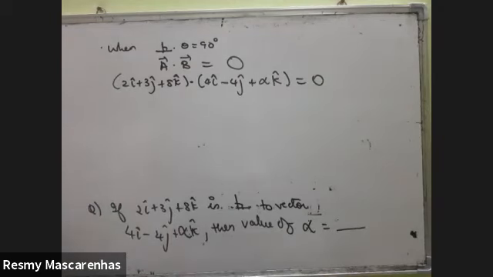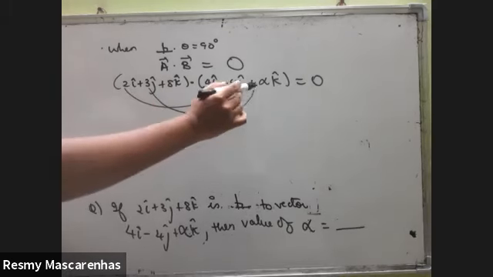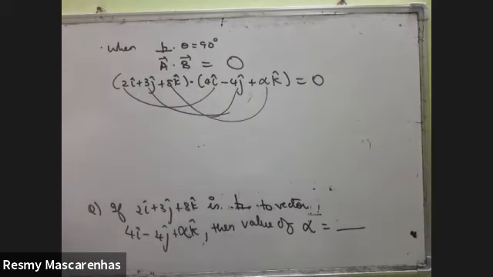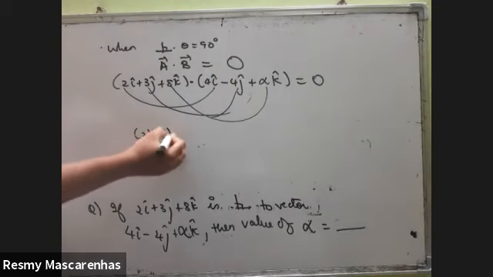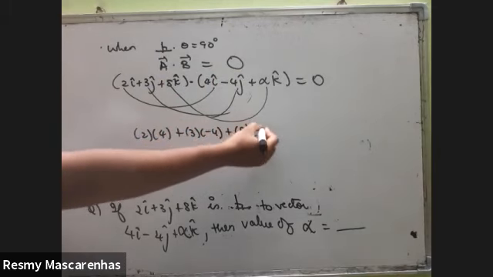And now you know how to find the dot product. Always multiply i to i, j to j, k to k. So as per that, this will be 2 into 4 plus 3 into minus 4, plus 8 into alpha.